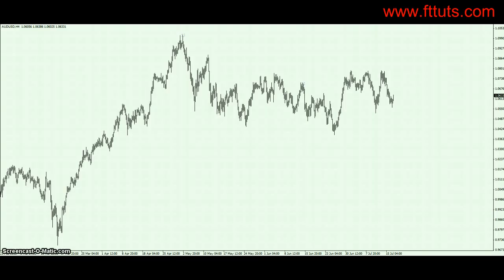I'm going to be flicking through a number of different pairs and time frames, and the purpose of this exercise is just to observe that price behavior, to realize that this pattern is something that repeats.